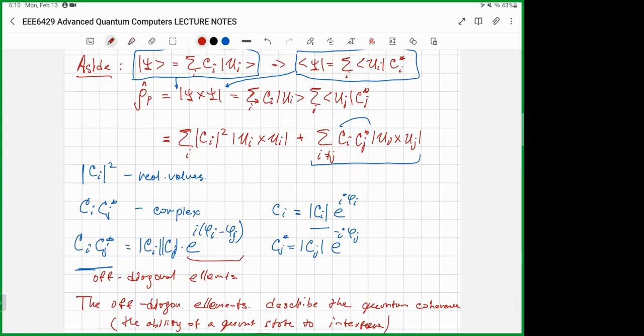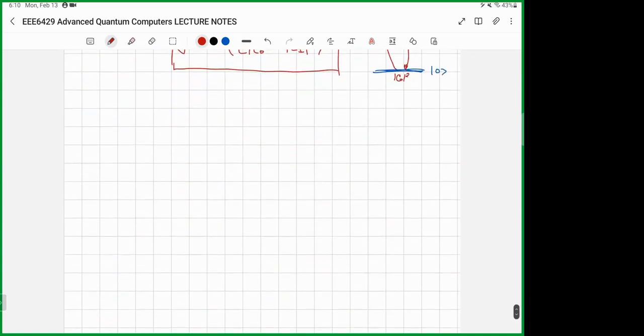For example, when you have two factors like a1 plus b1 multiplied by a2 plus b2, what will you get?